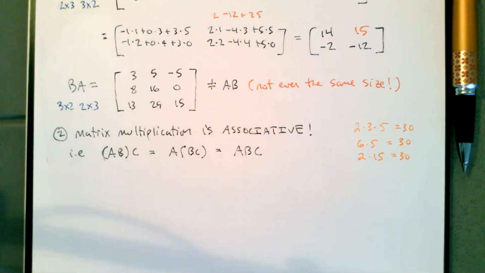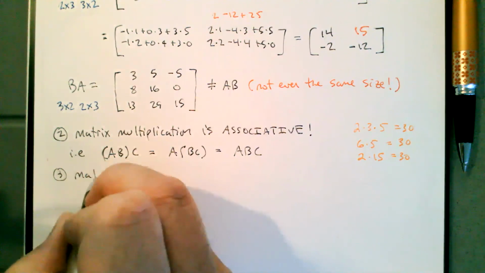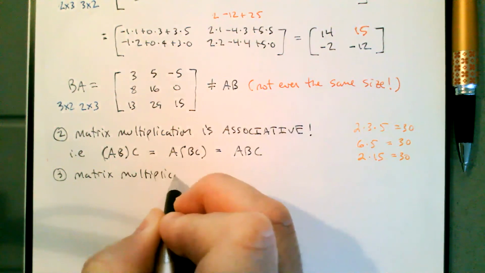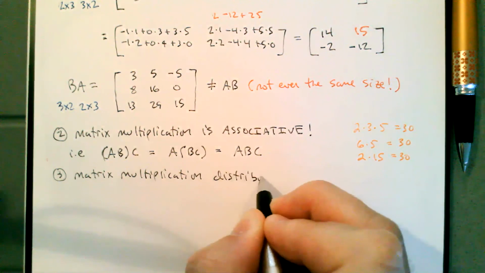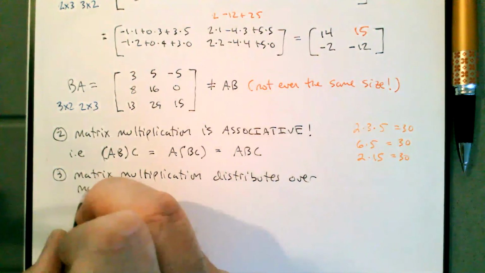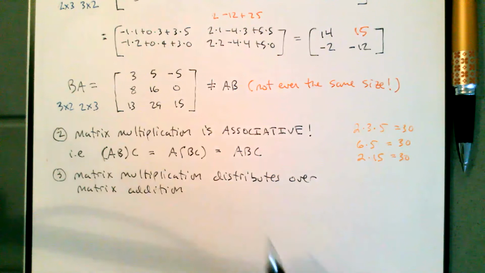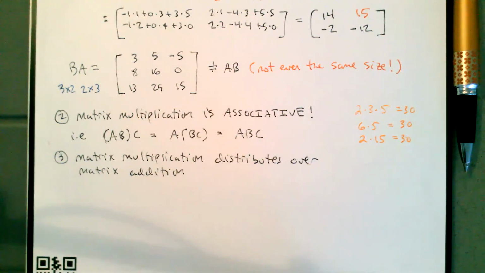Another nice thing that is familiar, matrix multiplication does distribute over matrix addition. So this is another familiar thing that we do get with matrix multiplication.